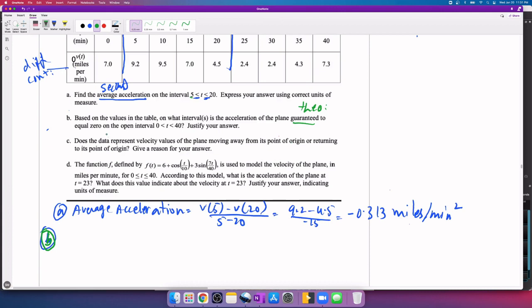What theorem? We will figure it out. Acceleration means double prime, so I'm talking about f double prime t equals 0. This is the only theorem where the derivative or double prime equals 0. That's Rolle's theorem.